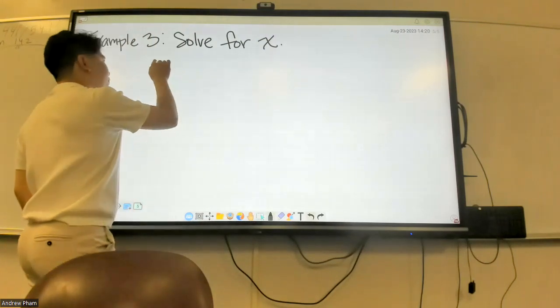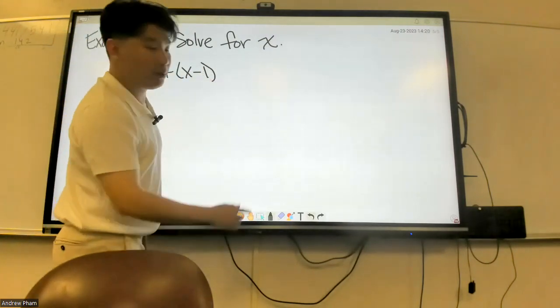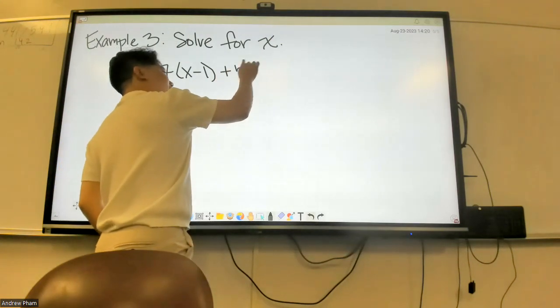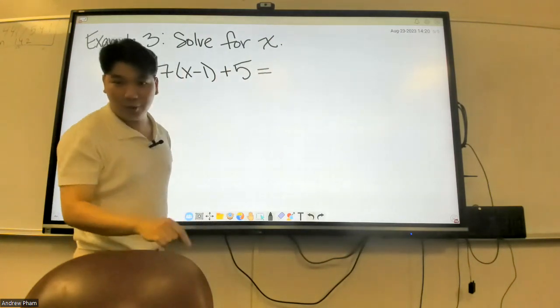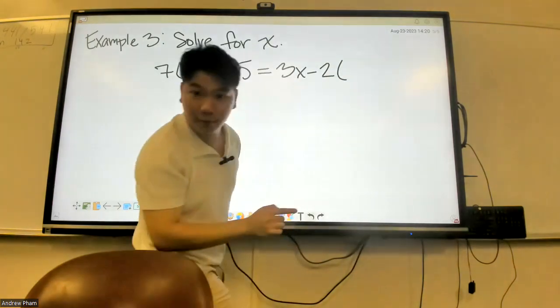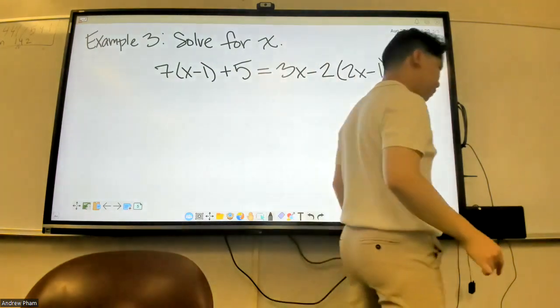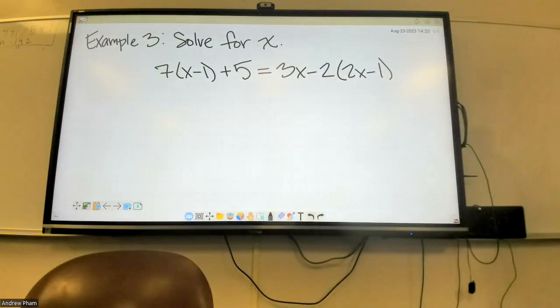Let's do 7 times x minus 1 plus 5 is equal to 3x minus 2 times 2x minus 1. So take a moment and see, maybe compare with your neighbor, talk to each other, whatever. See if you can solve this equation. What is x equal to?